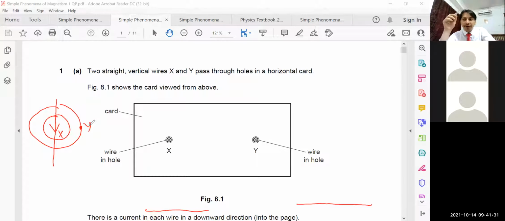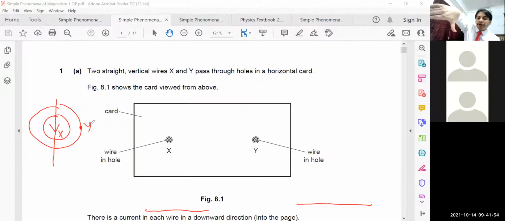Conductor, current downward, point P. Now here point Y is to the right side. Use the right hand grip rule, or right hand palm rule, actually. Current is moving downward. Thumb should be in the downward direction, in the direction of current.